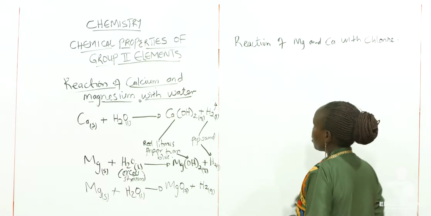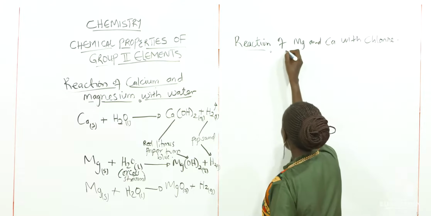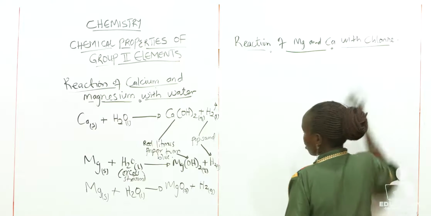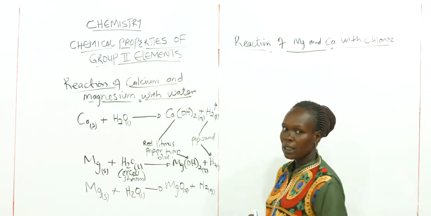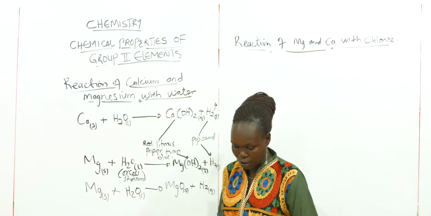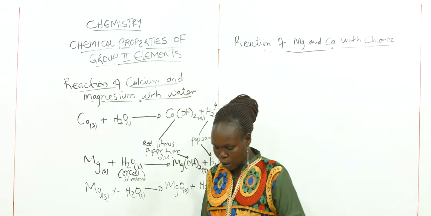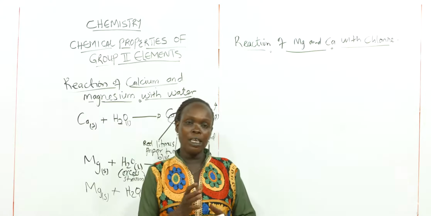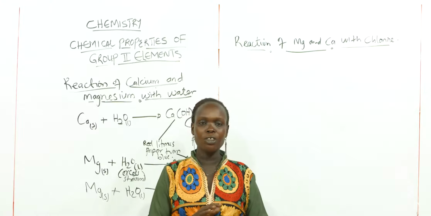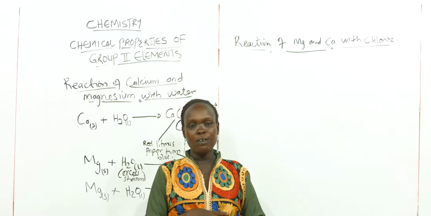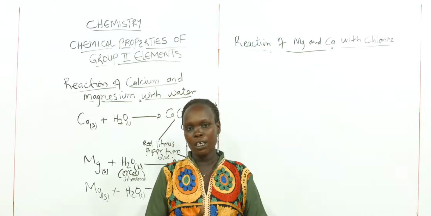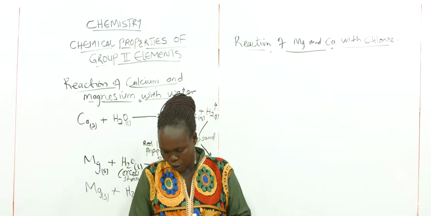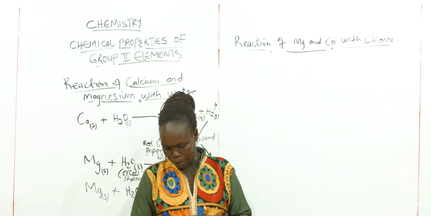Here we see that the reaction of chlorine with calcium is not vigorous; it appears to burn less vigorously. It means the reaction is not so speedy or fast. That is why it is considered less vigorous with the chlorine to form calcium chloride.